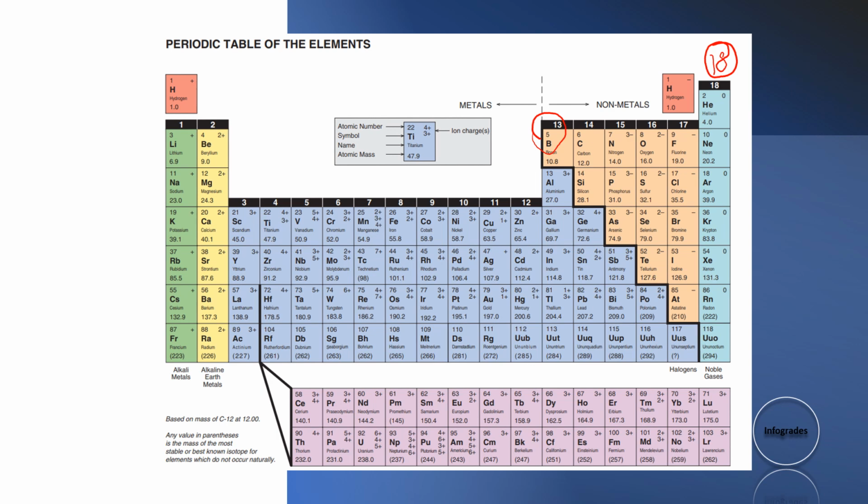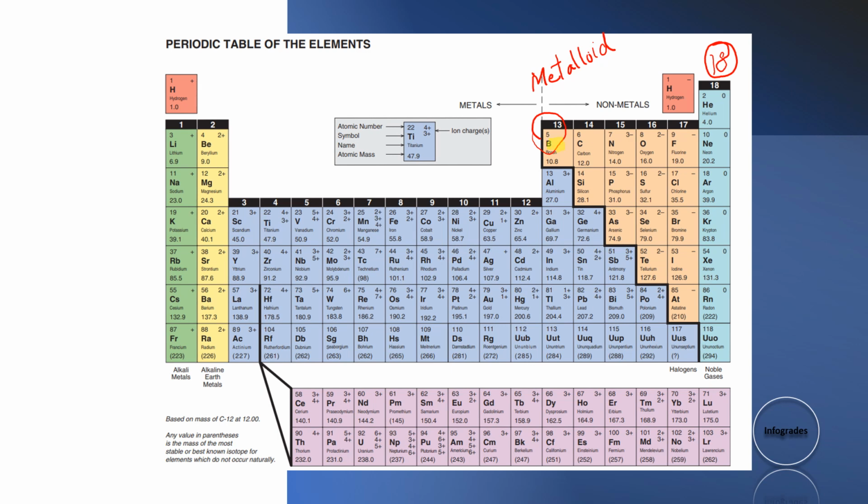So the elements that show properties intermediate between the metals and the nonmetals are called metalloids. So how do we identify metalloids? Metalloids are the elements that you see here on this staircase, if I am trying to highlight these.